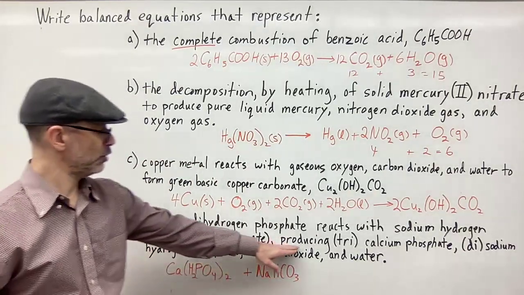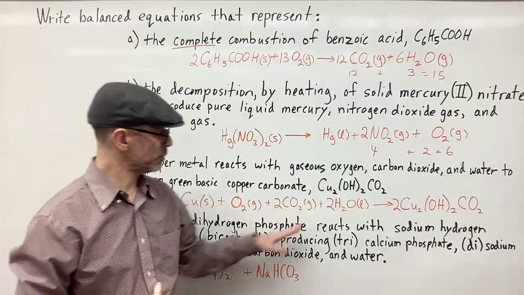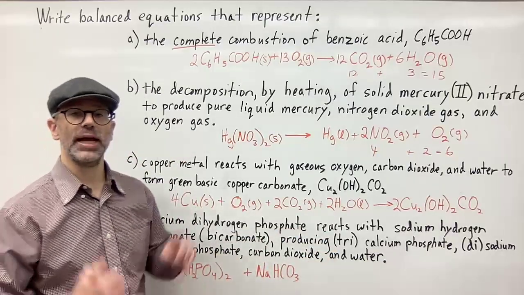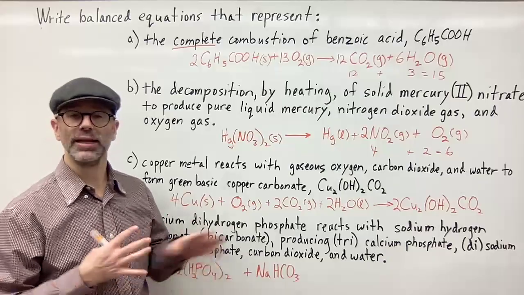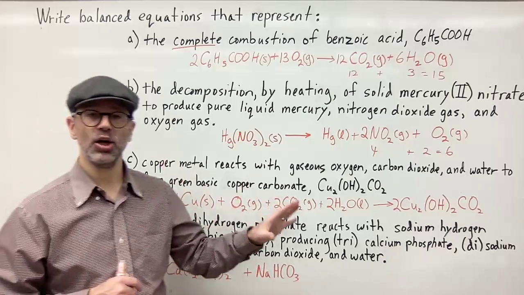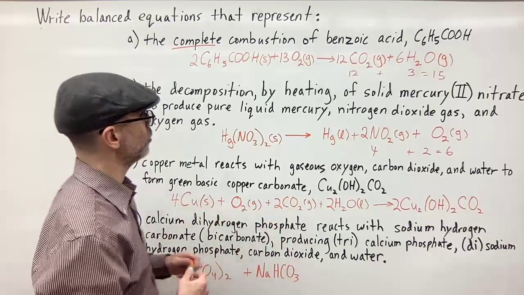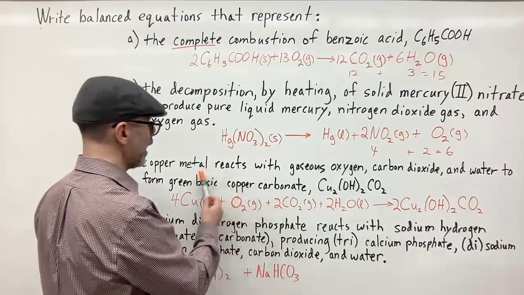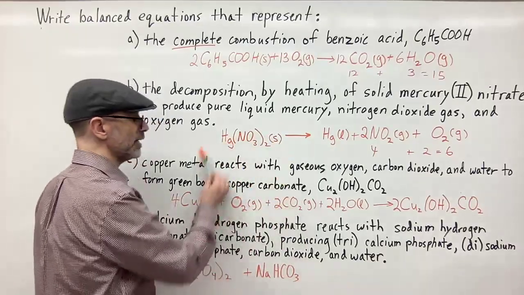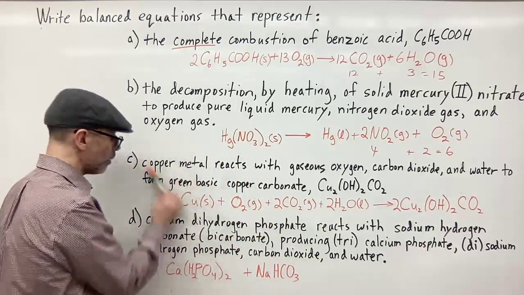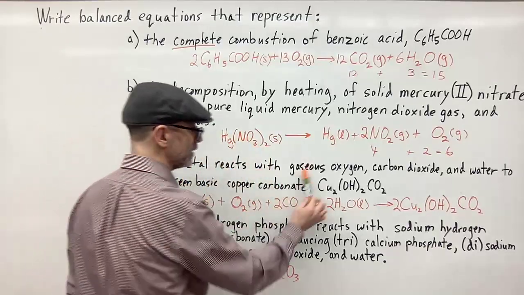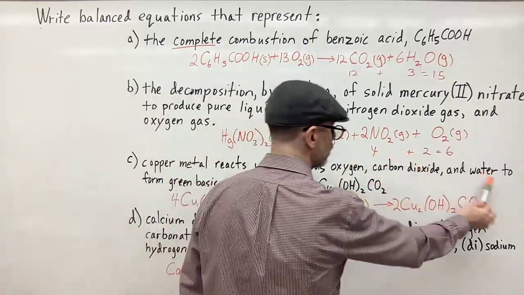And what is it going to produce? So the key word here is produce. If you see a word like produce or forms or creates or anything like that, whatever follows is going to be product. So we have here reacts with. Reacts with indicates your reactants. So reacts with copper metal, reacts with gaseous oxygen, carbon dioxide, and water.